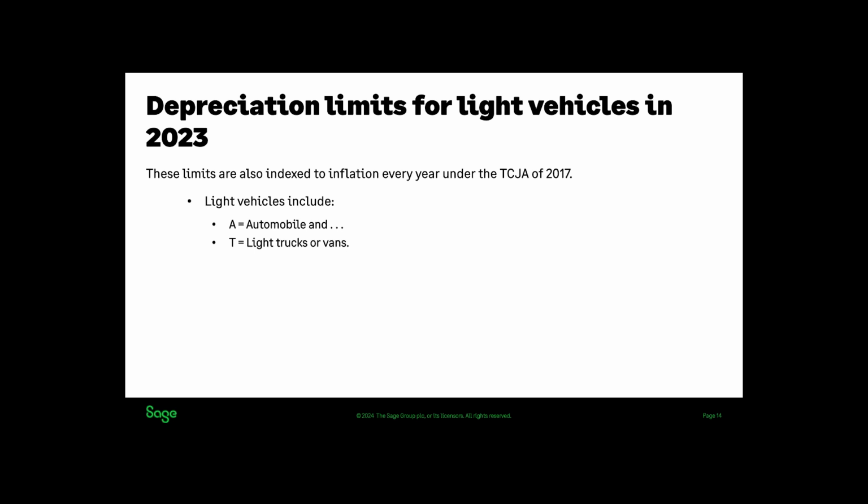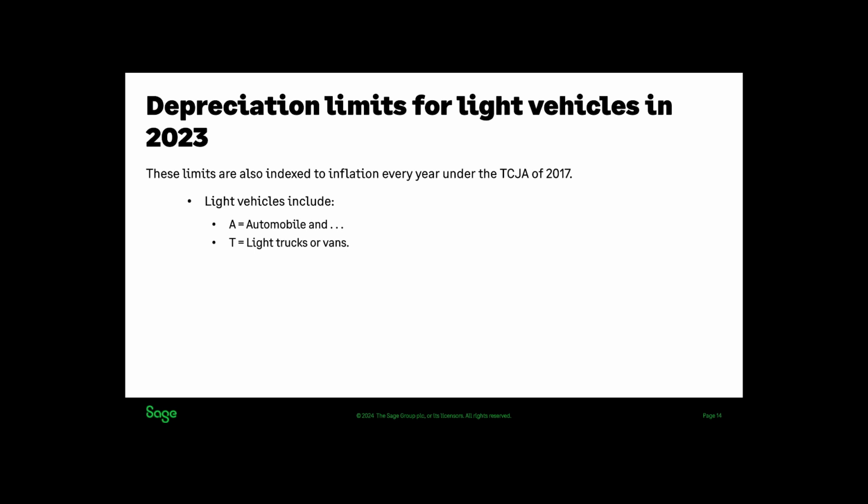Technically, a passenger automobile is an automobile that has a curb weight of 6,000 pounds or less. A light truck or van is built on a truck chassis, but has a gross vehicle weight rating, a GVWR, of 6,000 pounds or less.